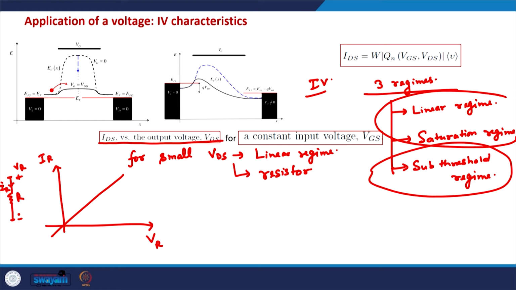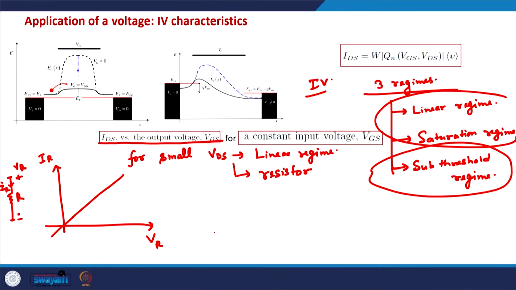So the IV characteristics of a resistance is a linear one, and that is how the IV characteristics of the MOSFET look in the linear regime, which is the small VDS. So for small VDS, the MOSFET behaves like a resistor.